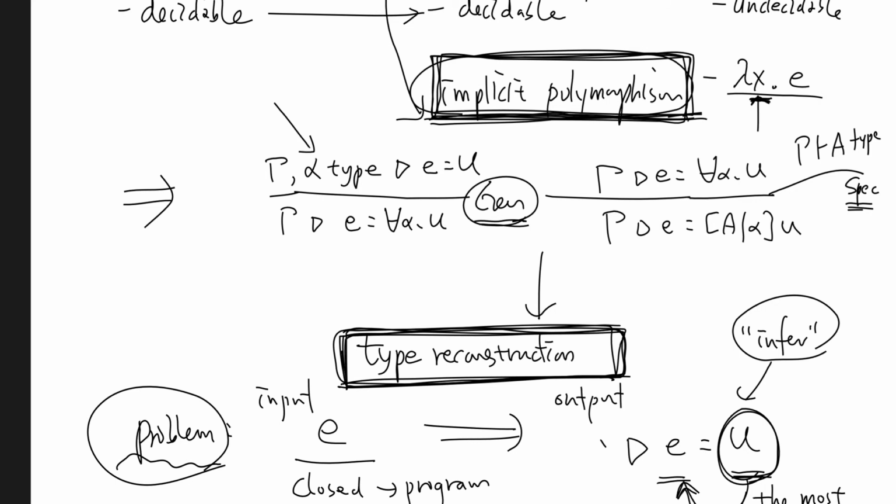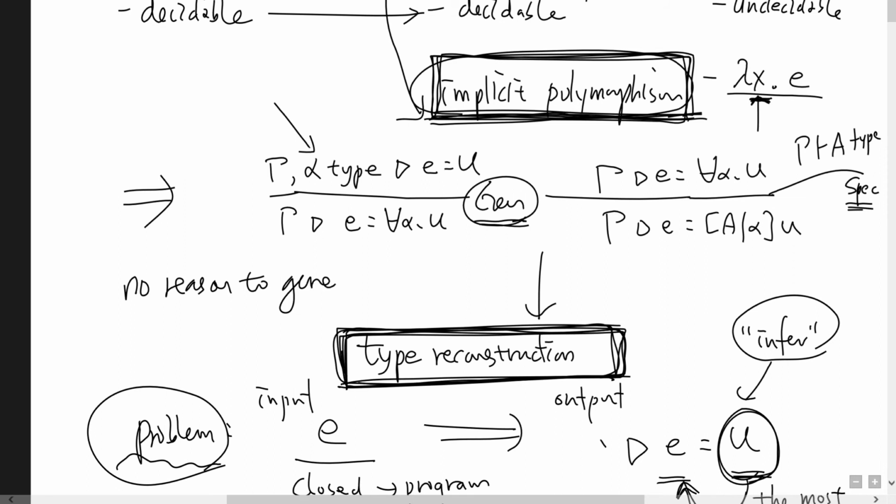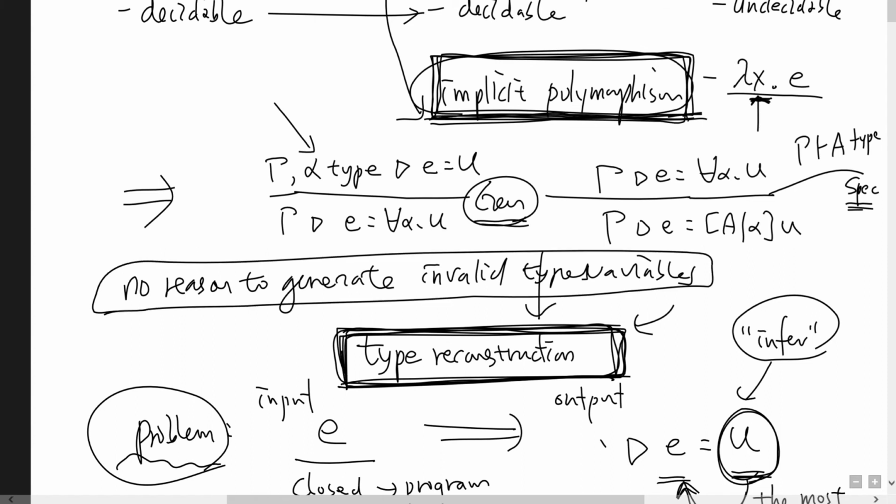So in the course of this type reconstruction, there's no reason to generate invalid type variables, simply because it's just nonsensical. There's no reason to intentionally generate invalid type variables in this algorithm. So in other words, the type reconstruction algorithm that we will be developing is going to generate only valid type variables.